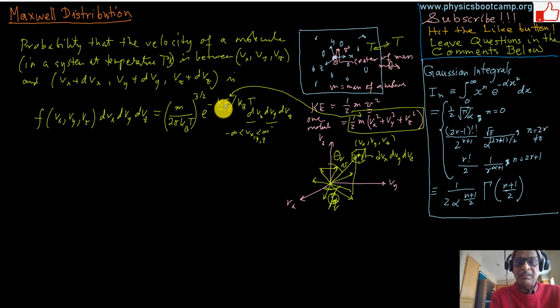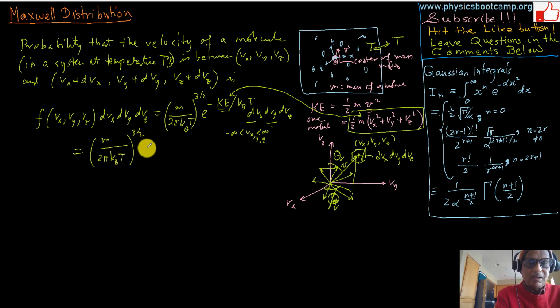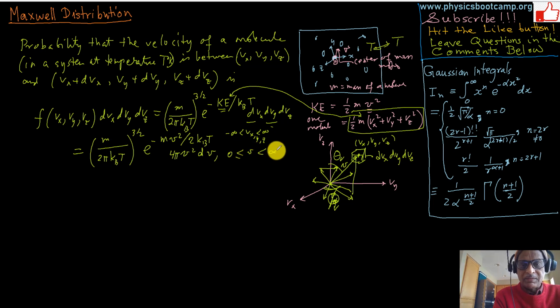Because kinetic energy only depends on the speed, for a speed it will just turn out to be the same thing: m over 2 pi kBT to the power 3/2, e to the power minus mv square over 2 kBT, 4 pi v square dv. And now this dv is 0 less than v less than infinity. So this is the speed, and this 4 pi comes from integrating over the entire solid angle.